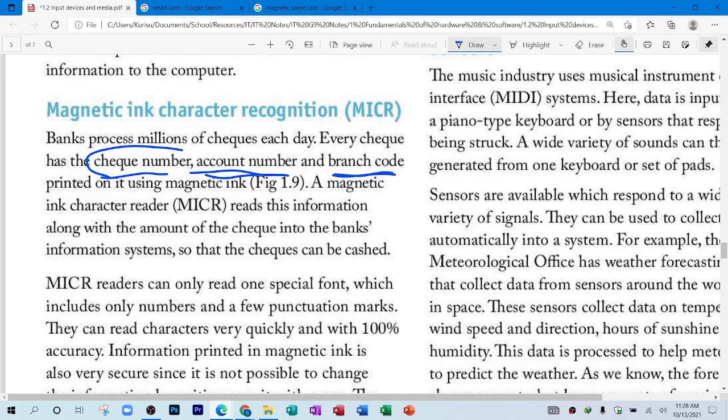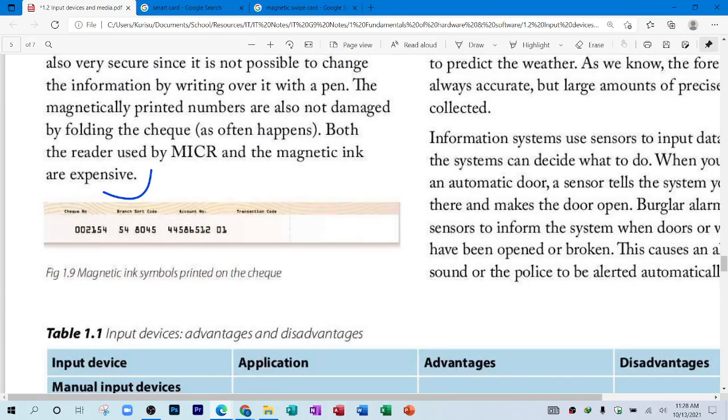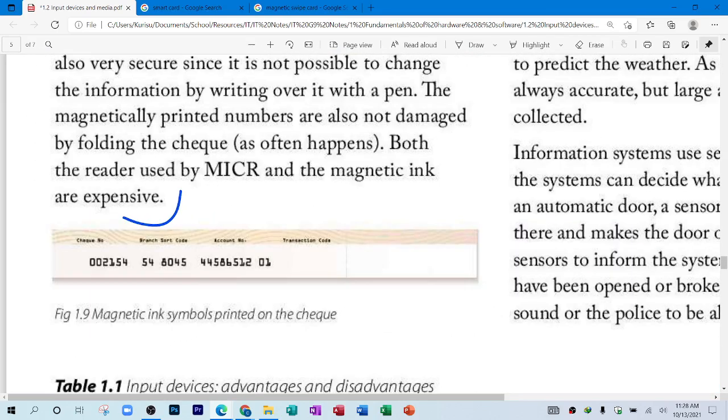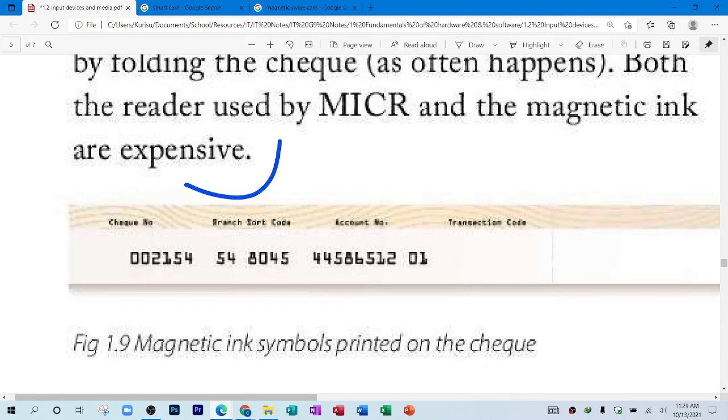How that gets done is using the MICR reader. Now, on the check, it would have some special fonts. Those fonts are going to include numbers and punctuation marks. There's an image here. At the bottom of a check would have numbers or punctuation marks, and that is basically going to contain the necessary information.